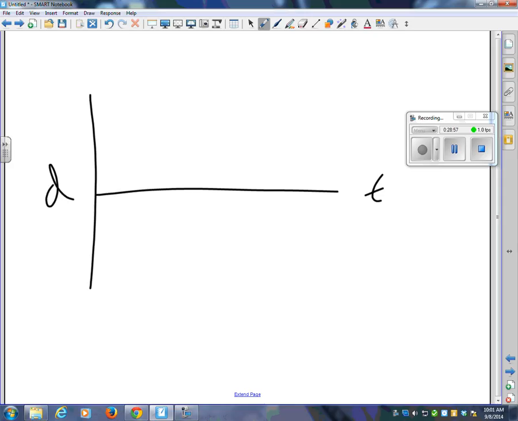So we speed up, so it's curved, then you travel at a constant speed, so it's a straight line, and then you stop. So how do I show stop? I slow down and the curve flattens out. Is that good? Awesome. We'll leave it there.